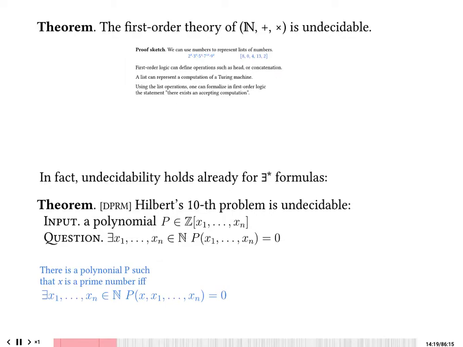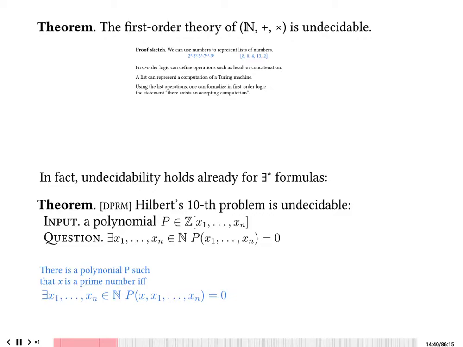Actually, if you think about the proof, it shows an even slightly stronger result, namely that if you take a polynomial and fix all variables except for one of them, the non-fixed variables are quantified existentially.